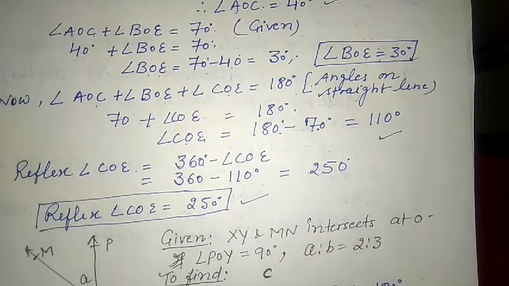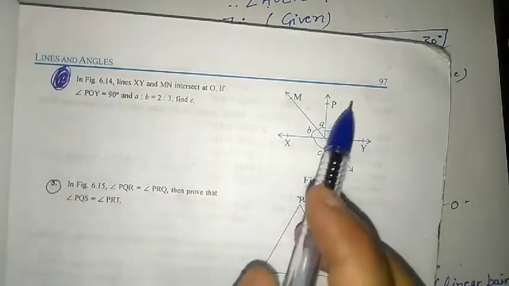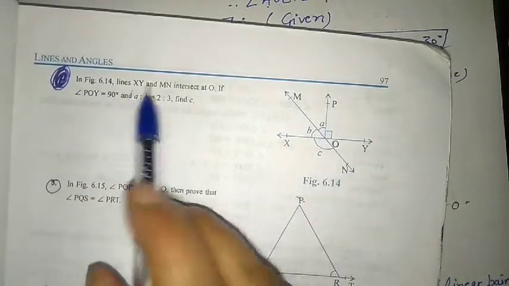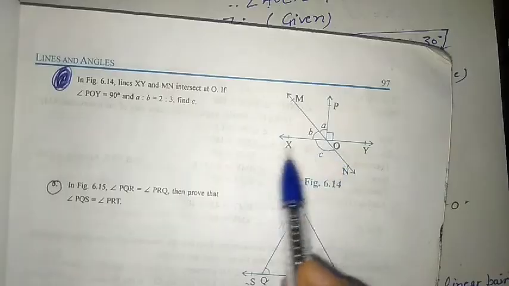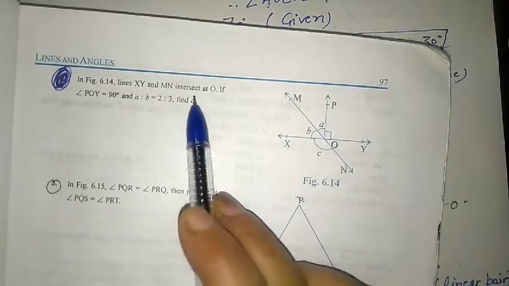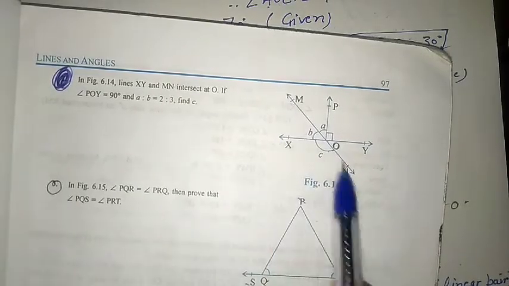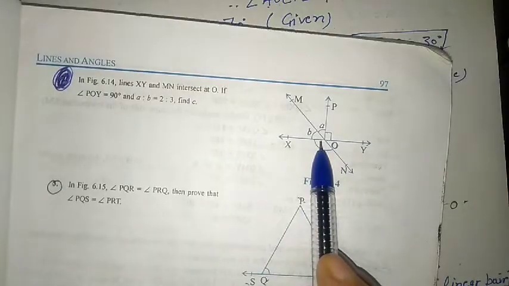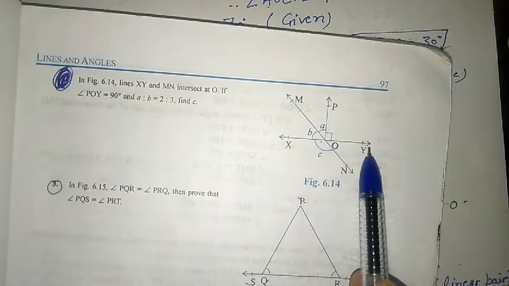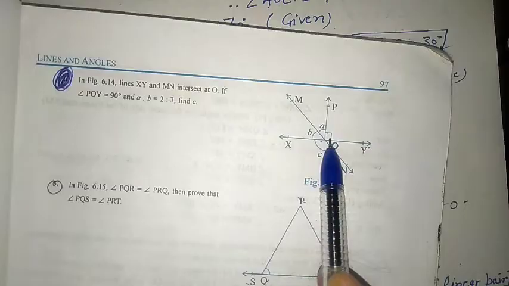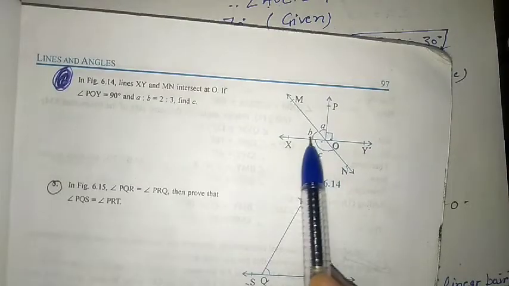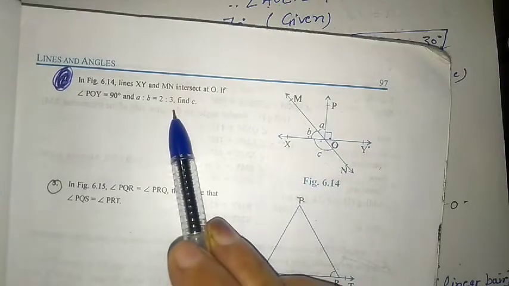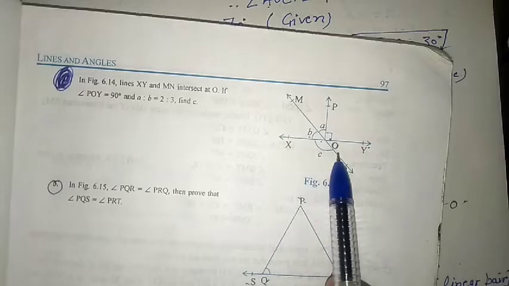Now I am going to take the second question also. In the figure, lines XY and MN intersect at point O. If POY is equal to 90 degrees and the ratio of a and b is 2:3, we have to find the value of c.